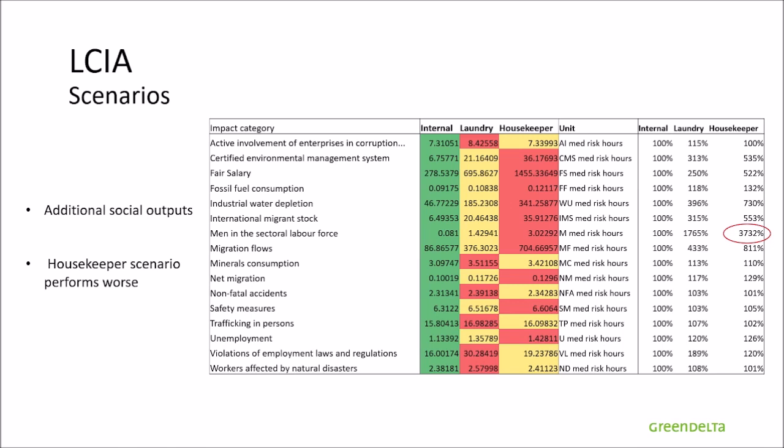It is the case for men in the sectoral labor force, for instance, over here, which is due to the fact that the proportion of men in the sector of other services at home is quite low. Overall, we can say that the impacts of these products are sensitive to the behavior of the user.